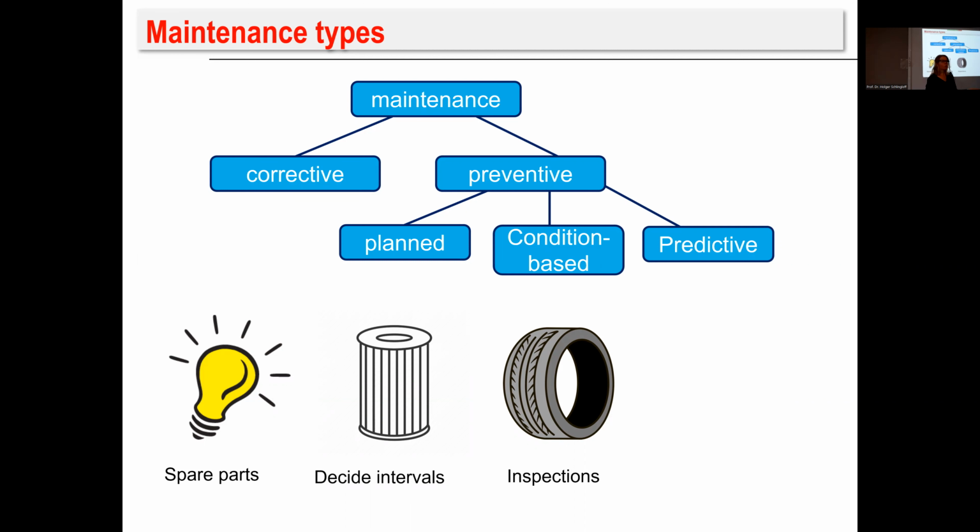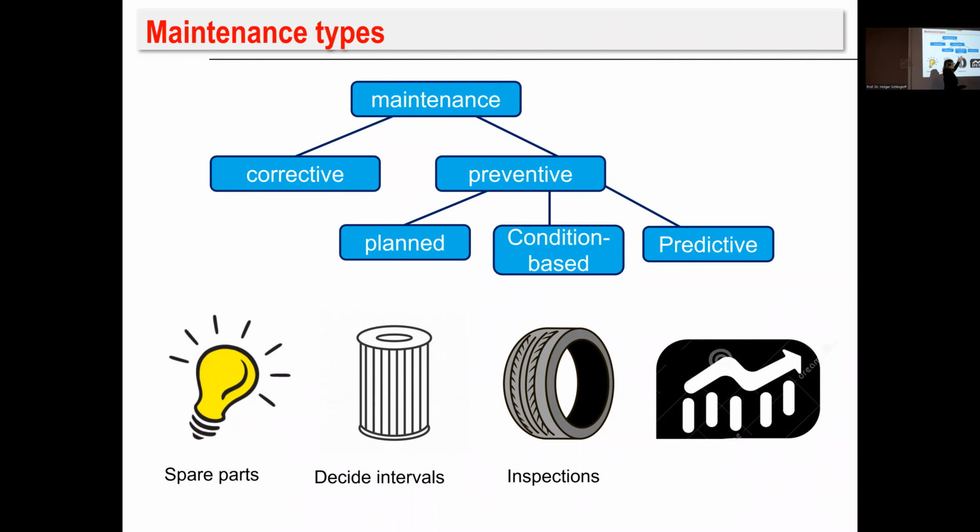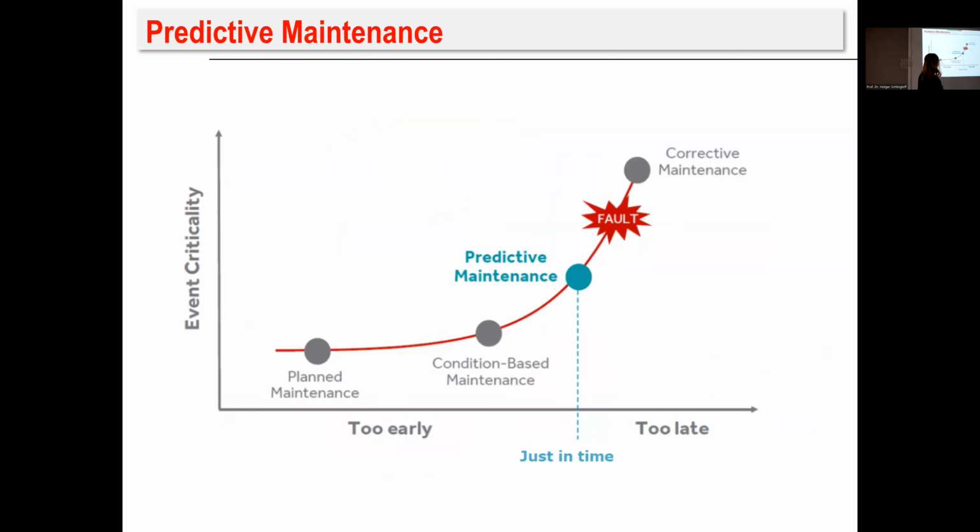How often do you need to inspect your tires in order to catch failures on time? But today we're talking about predictive maintenance, and that's much more about continuously monitoring, predicting when things fail, and then devising the maintenance actions based on your failure predictions. And here, of course, monitoring with sensors is the big thing to do.